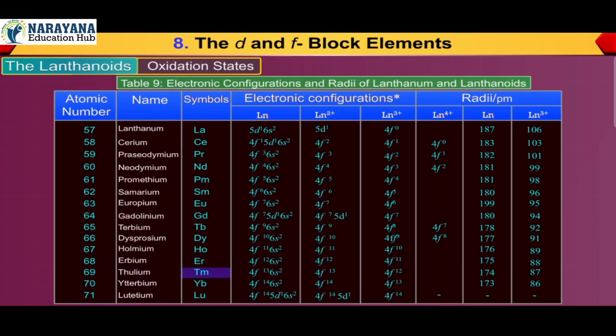Thulium, Tm, 4f13 6s2, 4f13, 4f12, 174, 87. 70. Ytterbium, Yb, 4f14 6s2, 4f14, 4f13, 173, 86. 71. Lutetium, Lu, 4f14 5d1 6s2, 4f14 5d1, 4f14.